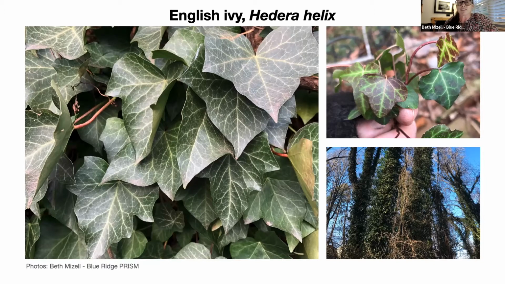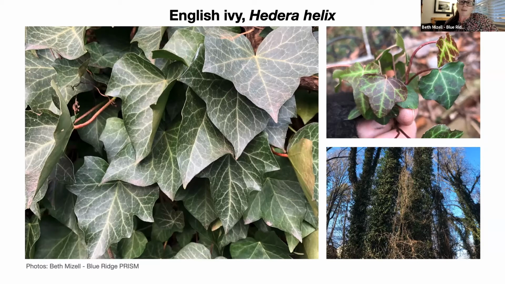All of those trees are completely infested with English ivy, amongst other invasive things. English ivy becomes reproductive when it goes vertical, and it produces berries that are often consumed by birds. In the upper right photo, the seedlings I'm holding were germinated after being deposited by birds hanging out in the trees in my yard.